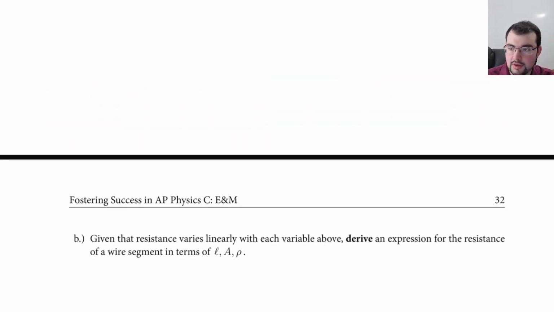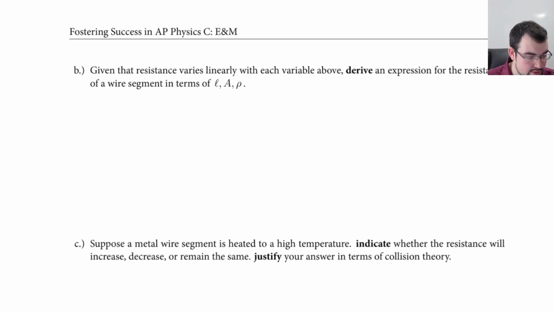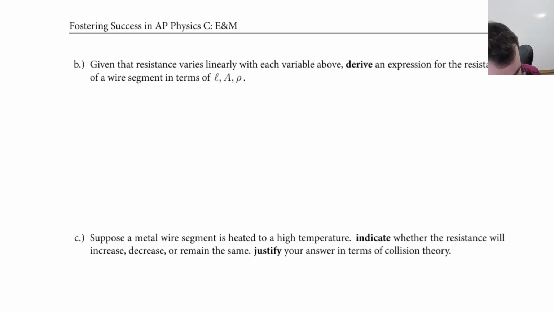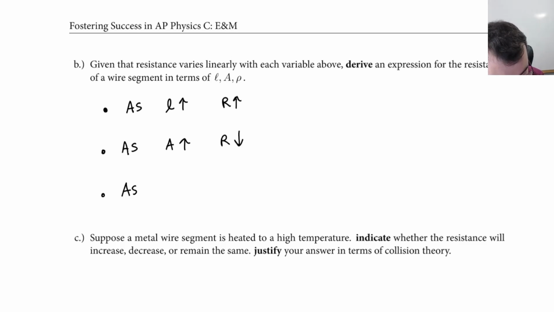So let's do that. As L increases, R increases. As A increases, R decreases. And as resistivity, rho, increases, R increases. So again, the relationship tells you if it's numerator or denominator.